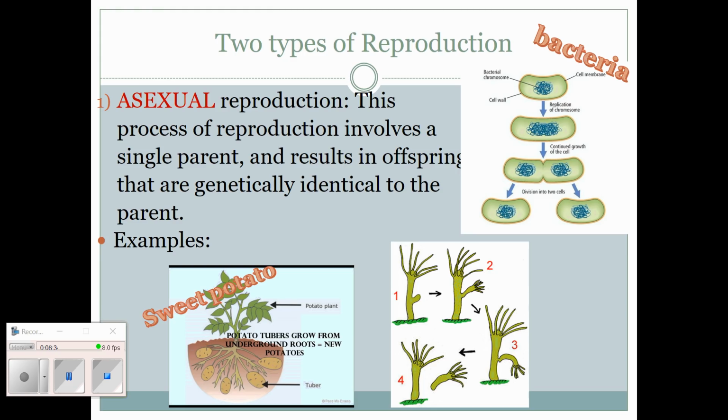The sweet potato, the underground roots break off and then grow a new potato. And your last example is a small water animal called a hydra, where you can see that they will have this growth off of the side, and then it will break off and it will be a new hydra that is exactly like the original.